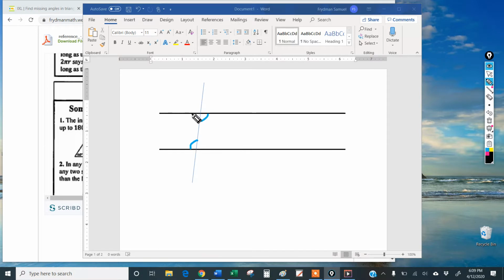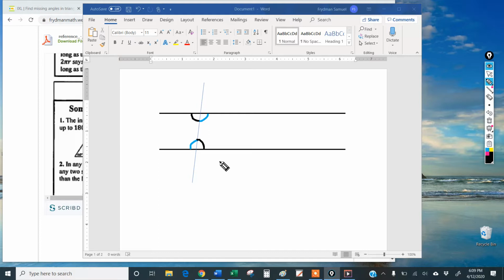And these two angles over here, this one and this one, are also alternate interior angles. And you can see that these angles are both a little bit acute. They're both a little bit less than 90 degrees.